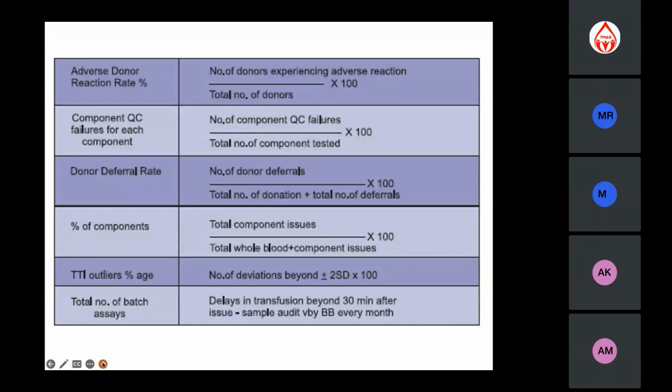For TTI outliers, we consider the number of sample deviations beyond 2 standard deviations into 100 as the percentage of TTI outliers. And for delays in transfusion, the total delays in transfusion beyond 30 minutes after issue, from the sample audit by the blood bank every month, is the number of delays in the particular month.